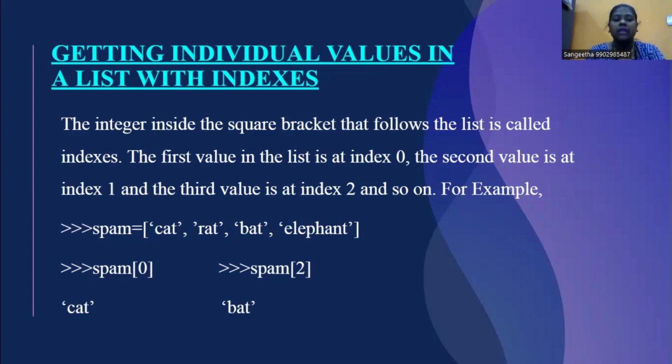So the index value starts from 0 up to n. So if we give the code spam[0], it returns cat, because cat is an item inside the list where the index value of that item is 0. Always the index value of a list starts with 0.